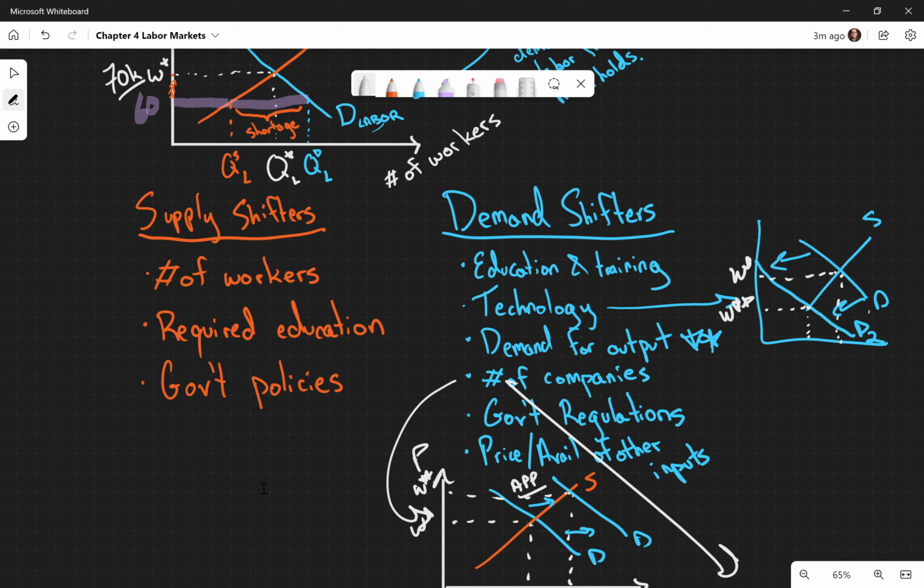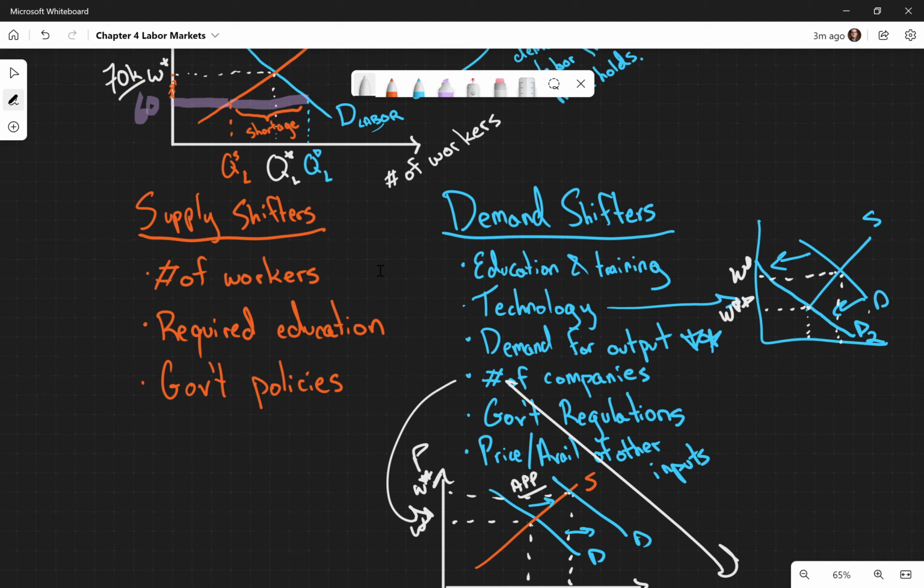Sometimes they have projections about the wage, but I don't think they have it here. They tell us the median wage, but they don't tell us the outlook for the wage. But again, most of these are going to be demand shifts.